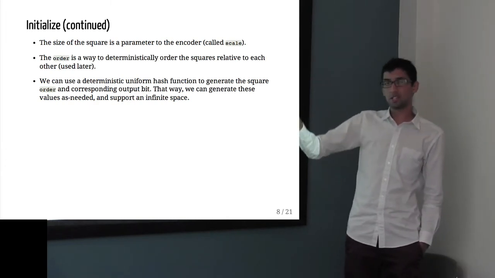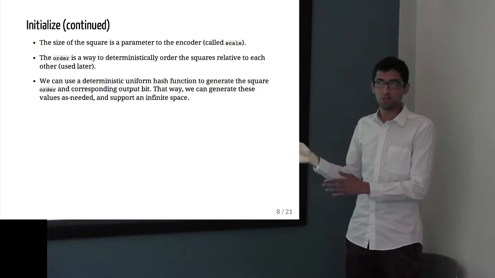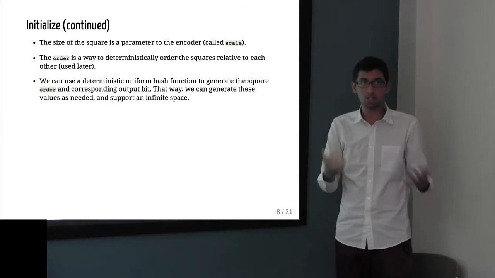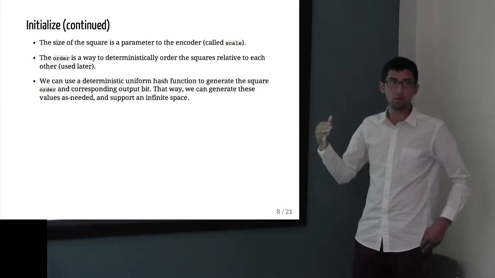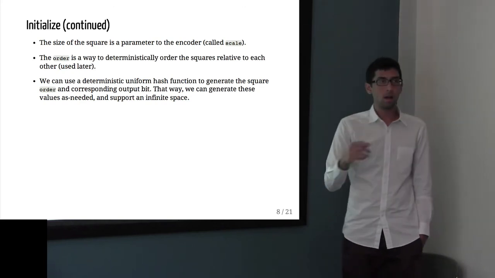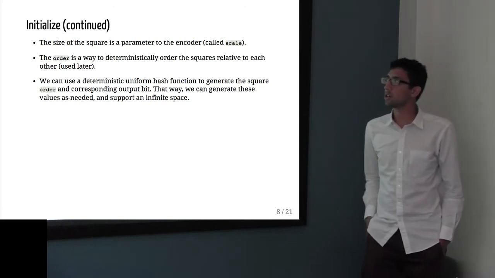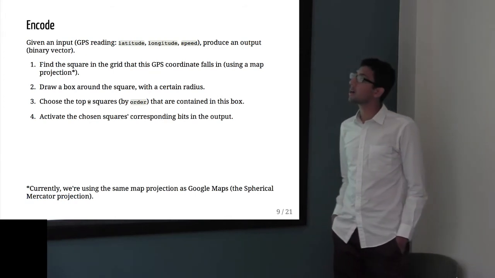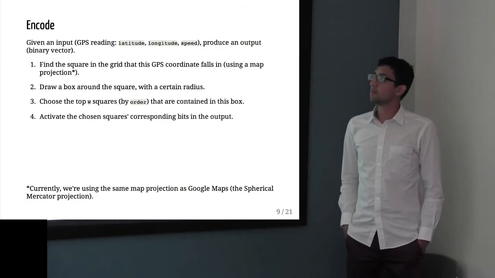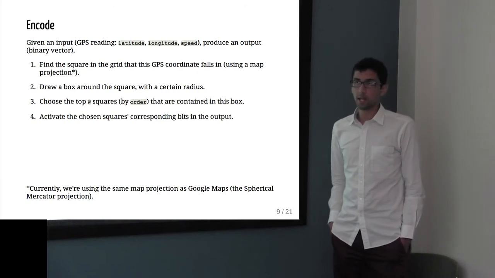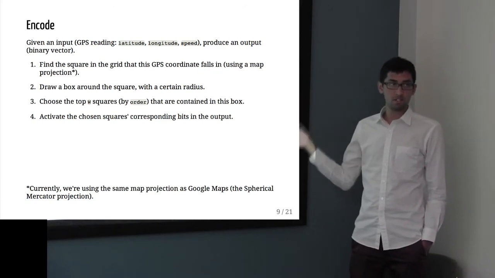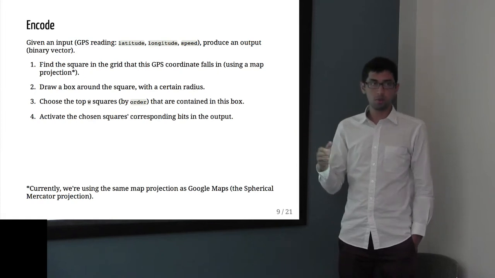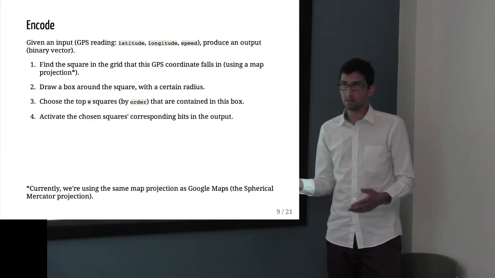All right? So the initialization process is something I use to explain to you what's going on, but we don't actually do anything. All the work actually gets done when you try to generate an encoding. All right, next slide. So how do you generate an encoding? This is where the meat of the work happens. Given an input, in this case a GPS reading, which contains the latitude, longitude, and speed, we want to produce an output, which is a binary vector.